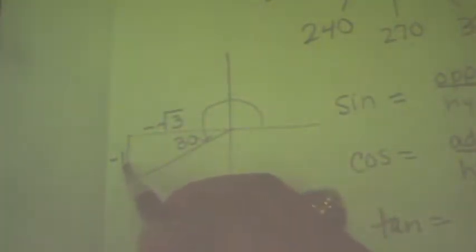So I use a -1 here, and a negative root 3, and a positive 2. By the way, the radius is always positive. So when I say, what's the sine of 210 degrees? I'm going to use this 30-degree angle and say -1/2. Cosine would be negative root 3 over 2, and tangent would be -1 over negative root 3.